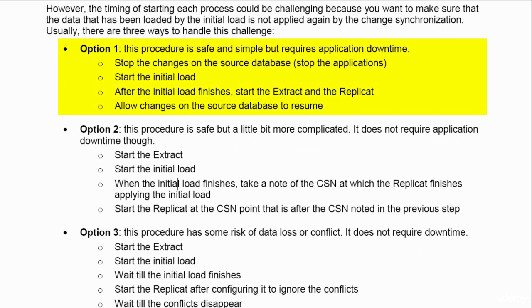With option number 1, you can simply stop the application from making changes on the source database and then perform the initial load. When the initial load is finished, you execute the change synchronization and then allow the applications to resume their normal operation. This is a safe approach, but it includes application downtime, which is sometimes not possible for mission-critical applications.